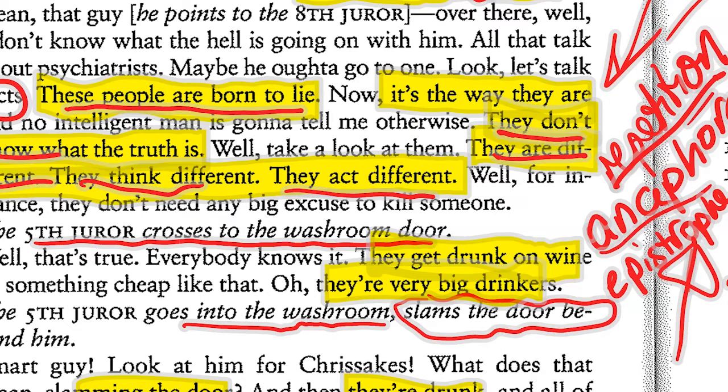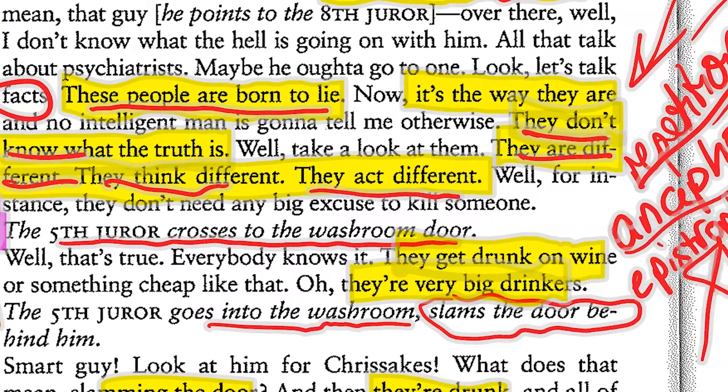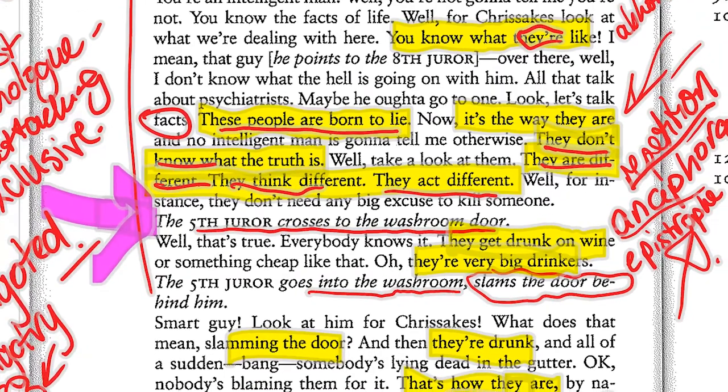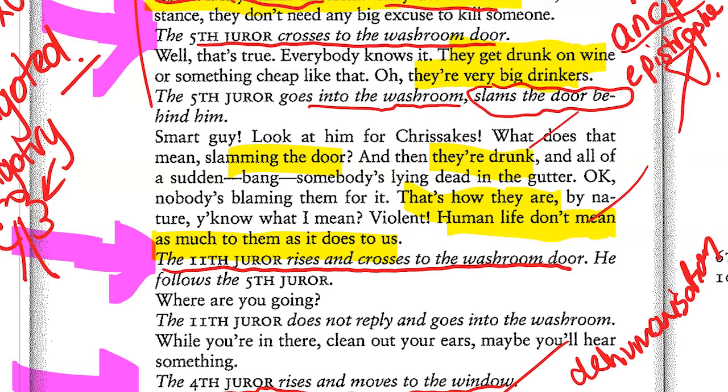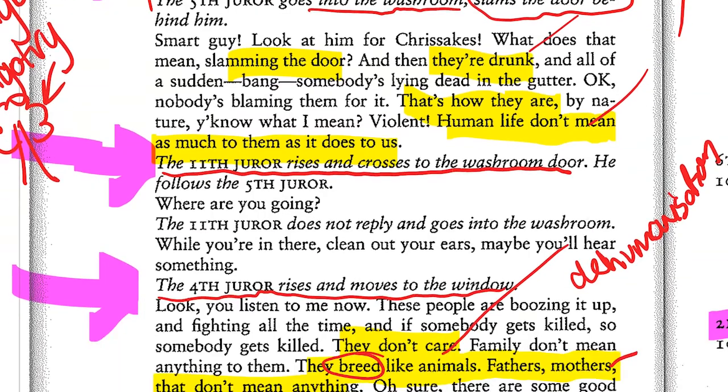And the views here, through the anaphora and epistrophe, they are different, they think different, they act different, reinforce the intolerance, bigotry, prejudice, and just how horrific these thoughts and ideas are. "They're drunk and life don't mean as much to them as they do to you."